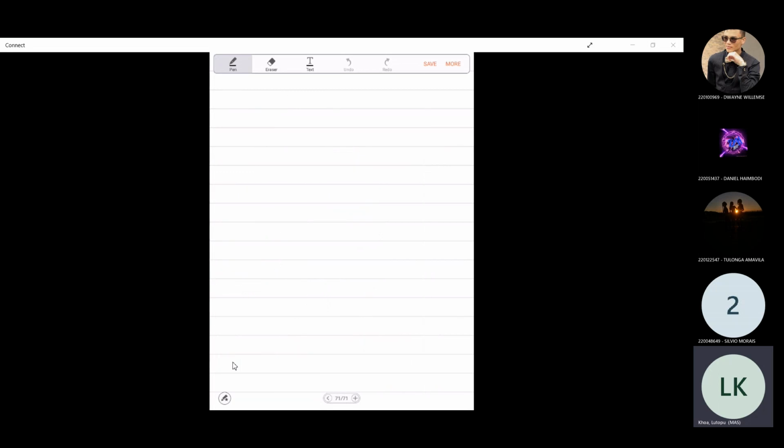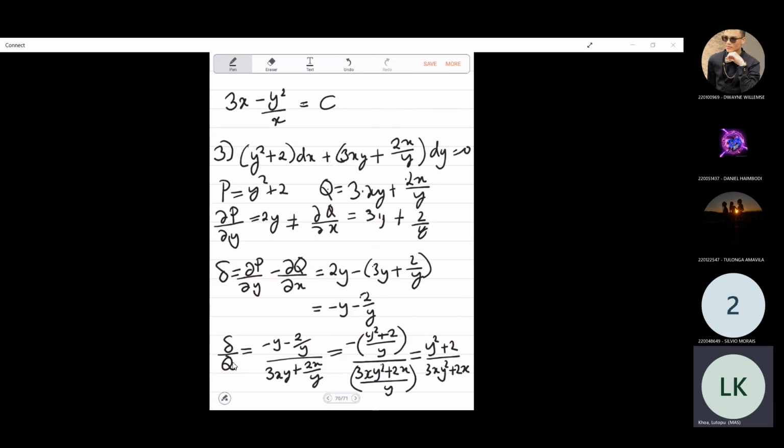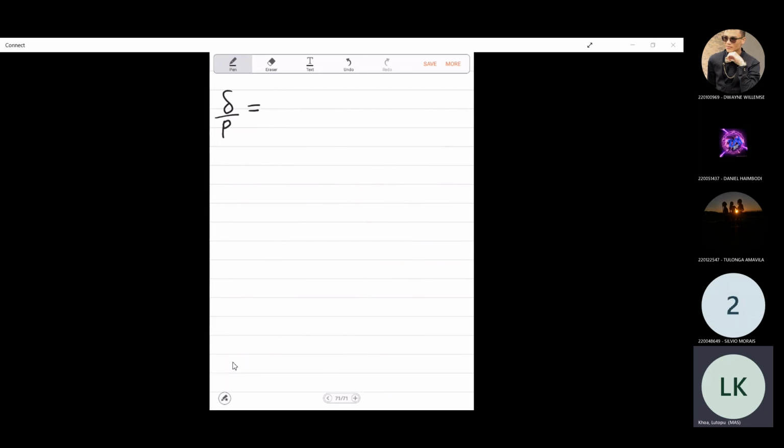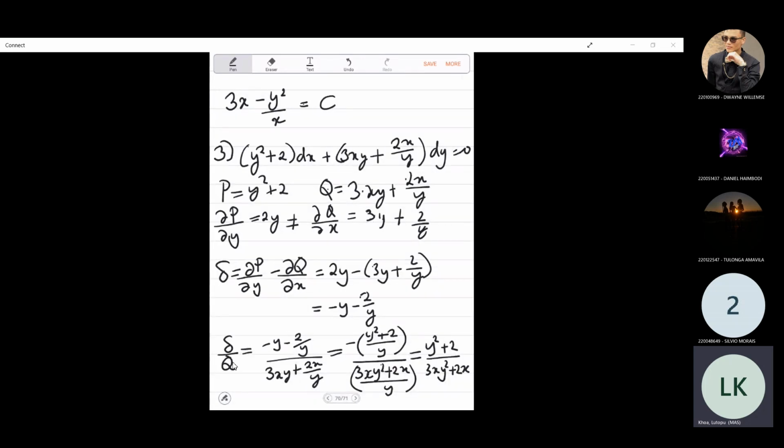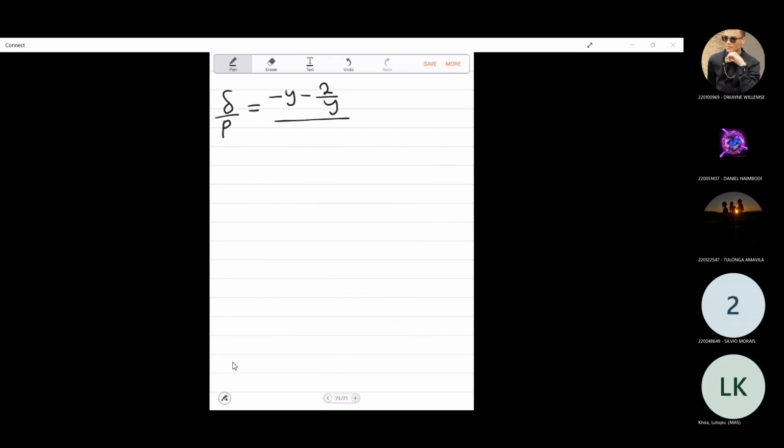So now we say delta over p. Our delta was negative y minus 2 over y. So this is negative y minus 2 over y, and then we divide by p, which is y squared plus 2. Okay, so this one contains only y.